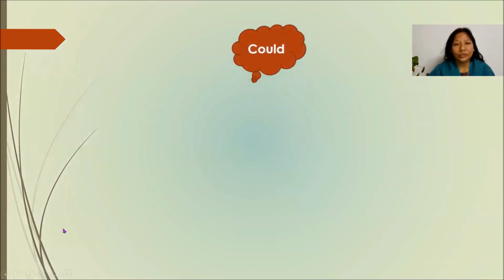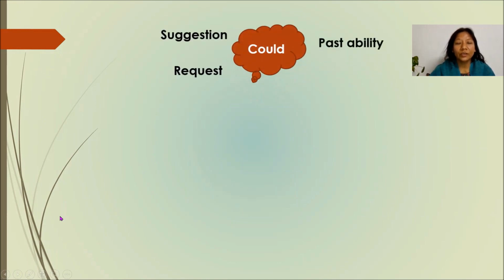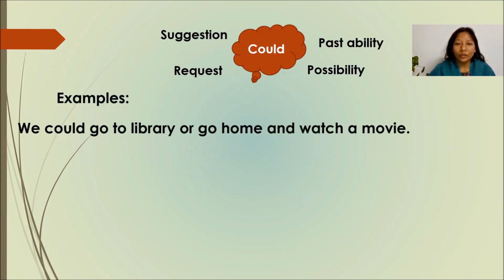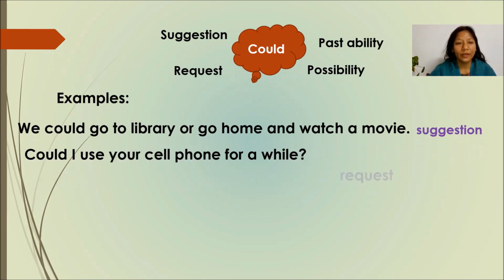And another modal verb is could. Could is used to express suggestion, request, possibility. Okay. For example, here, we could go to the library or go home and watch a movie. This is suggestion, right? Could I use your cell phone for a while? This is request to use the phone.